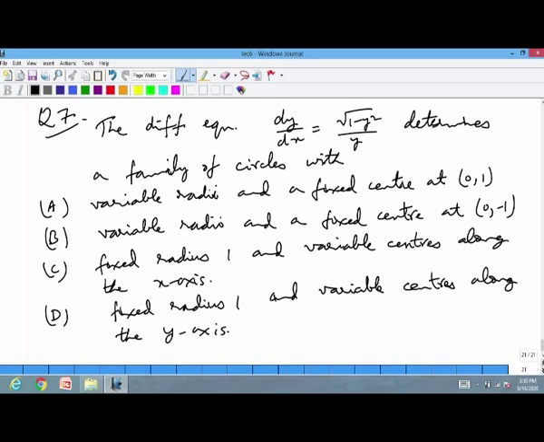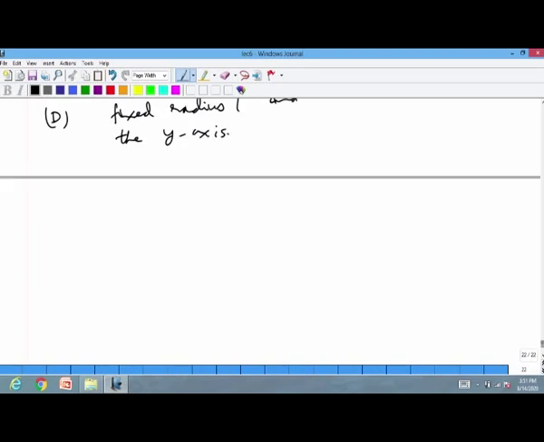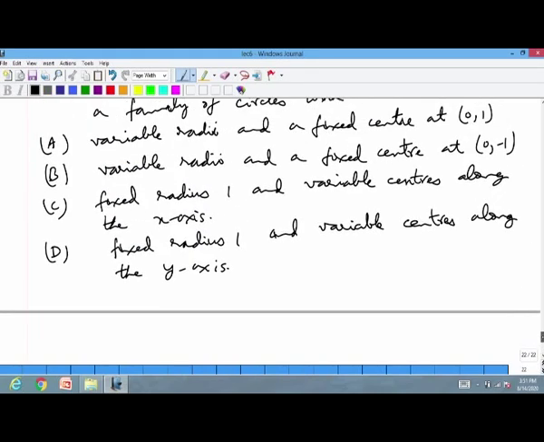So, we know that when we solve the differential equation, we will get a family of curves and we have to choose the option among the given options.